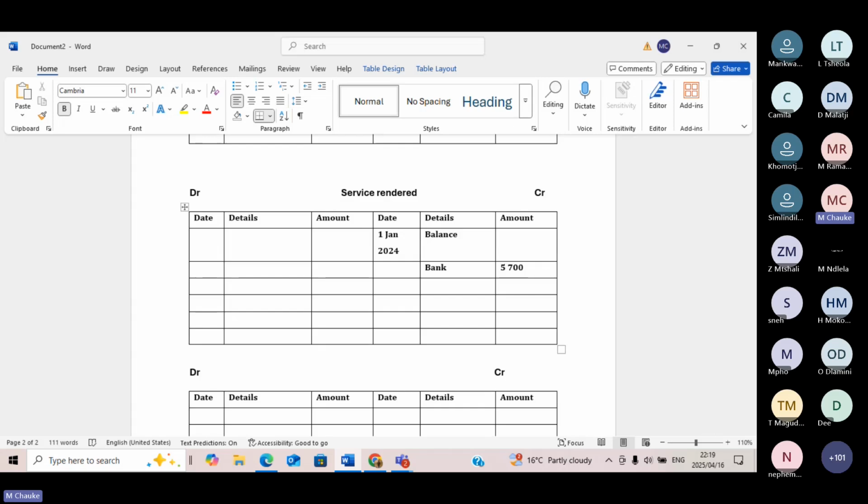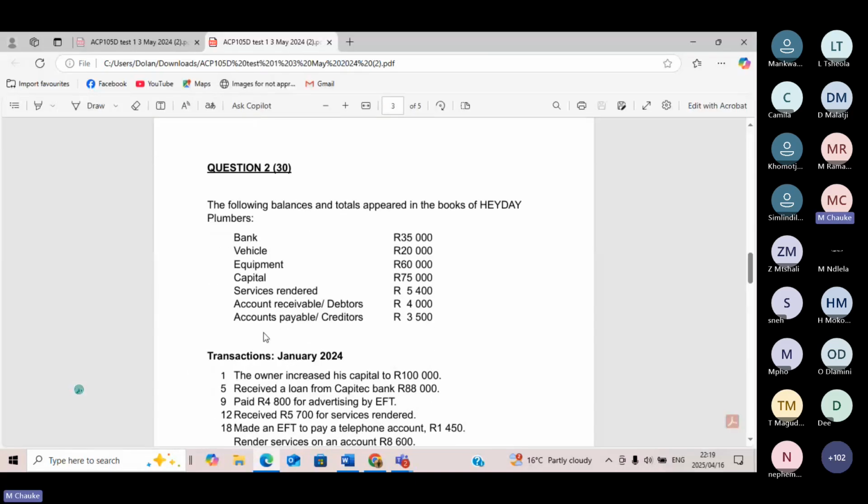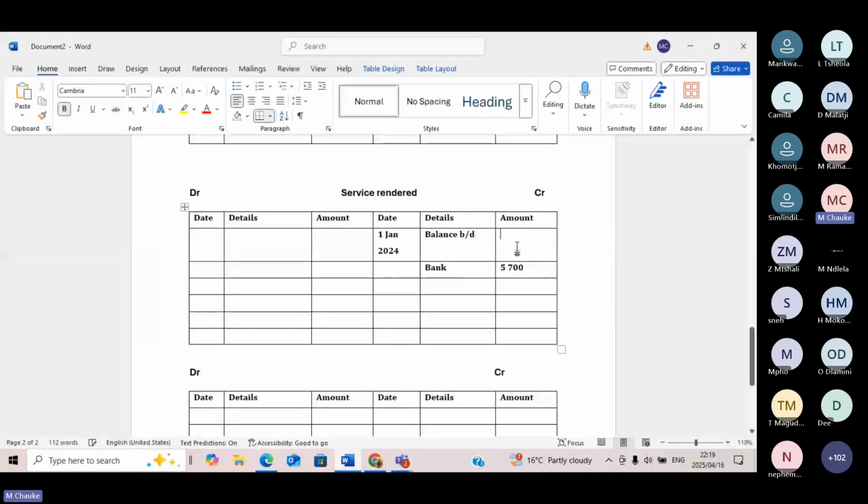So the opening balance of this account will be on the credit side. How much is that? Let's see. Sorry for that, I missed that one, and thank you for reminding us. Service rendered 5,400, right? So the balance brought down for that is going to be 5,400. So this is how we're supposed to start.